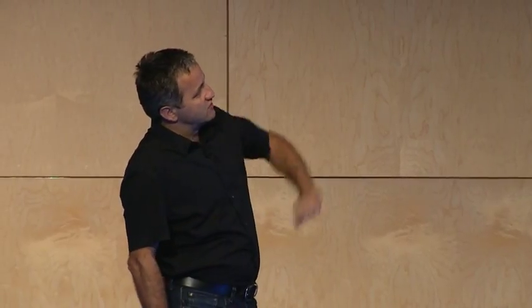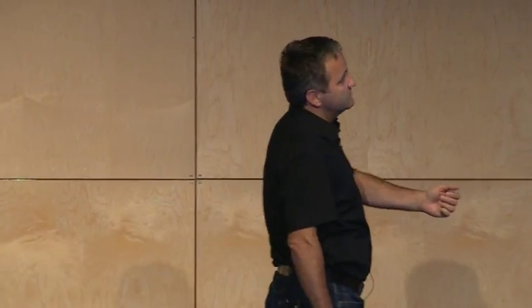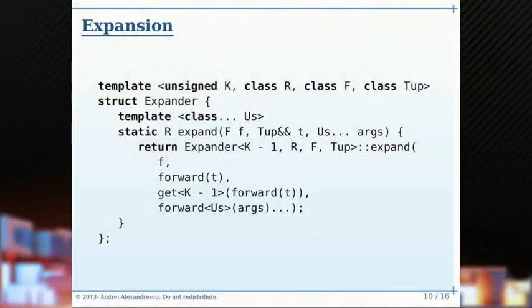So I should have put US, use ampersand. It's a universal reference kind of thing, and it just works for every kind of R value, L value. So in the argument list of expand, you should take R value reference to F, and I take an R value to tup, and I should take indeed use ampersand.